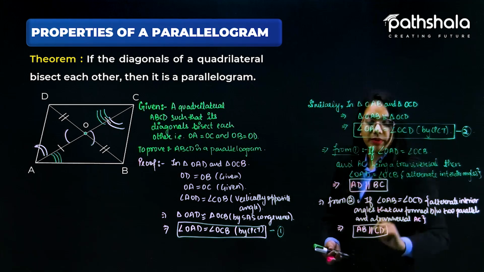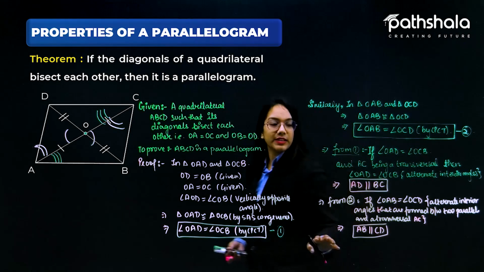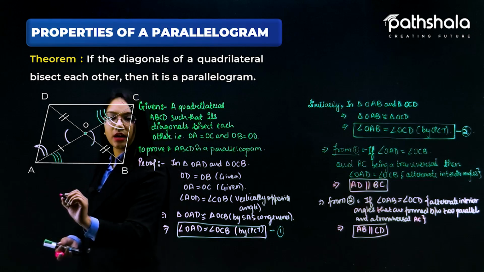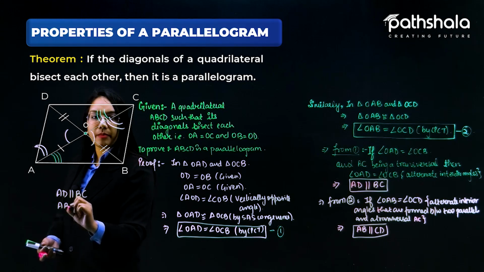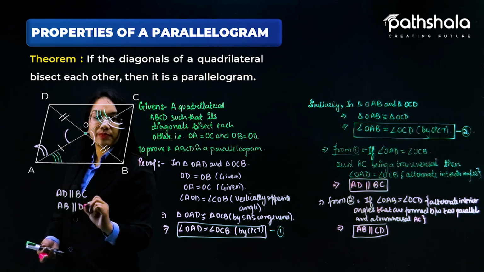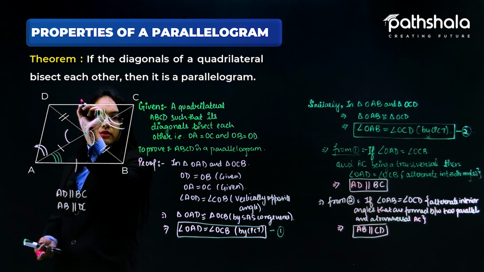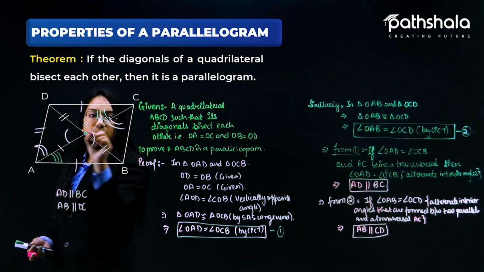Hence we are getting AD parallel to BC and AB parallel to DC. This is parallel to this, and this is parallel to this.